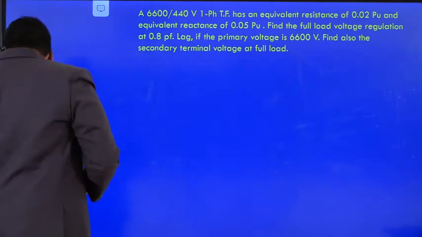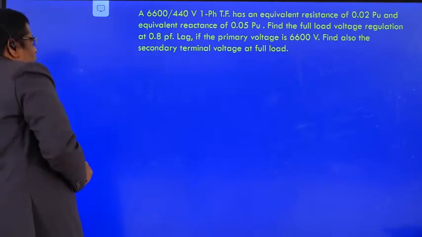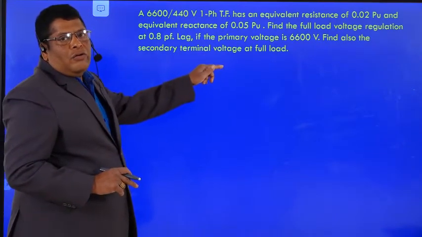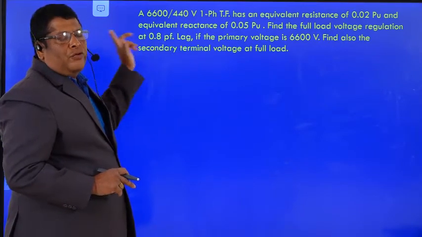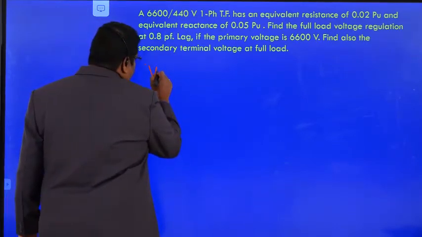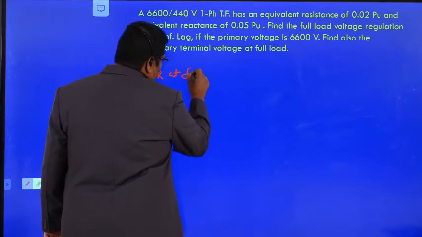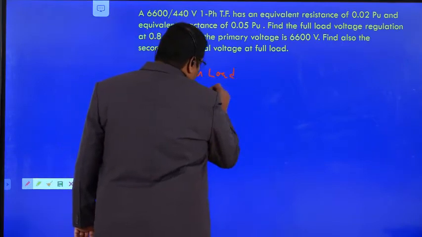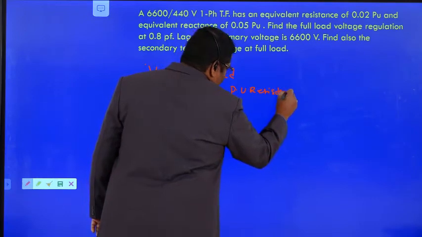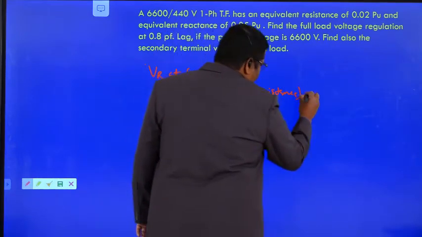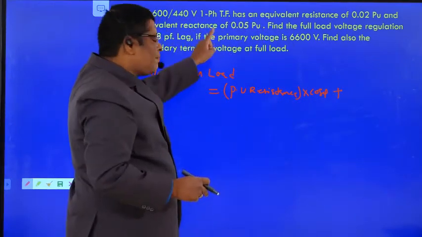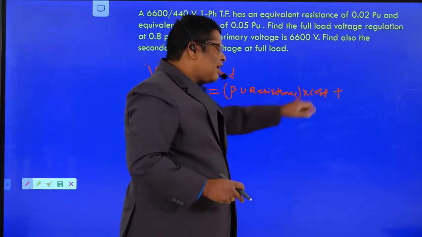Here the per unit value of resistance is given. They ask you to find the voltage regulation at full load. So the voltage regulation at full load, already we know the per unit value of resistance, into cos phi, plus, because in the problem they have given 0.8 power factor lagging, that's why we take the plus.